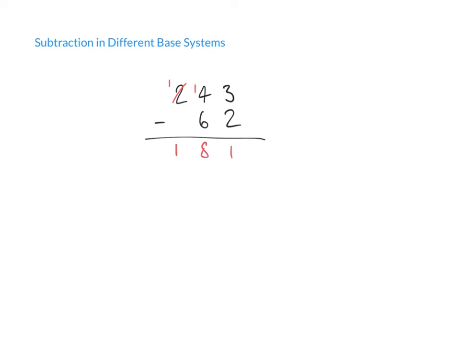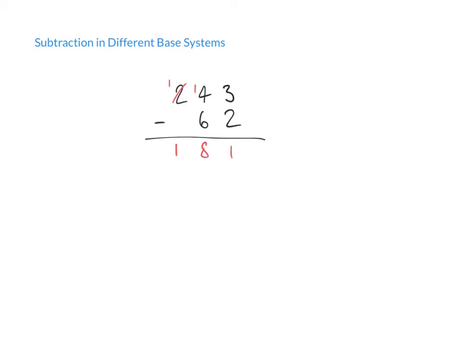Now, the reason I wanted to bring up this example, which I'm sure you're all happy with, is that this whole act of borrowing the 1 here and adding the 1 to our term in the next column relies on our numbers being to the base of 10. Our decimal system of numbers is to the base of 10.